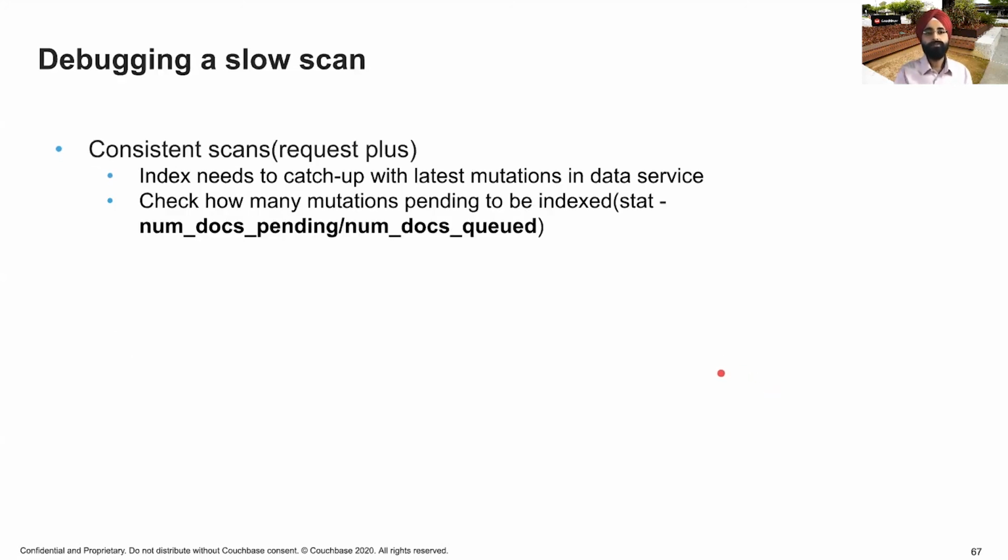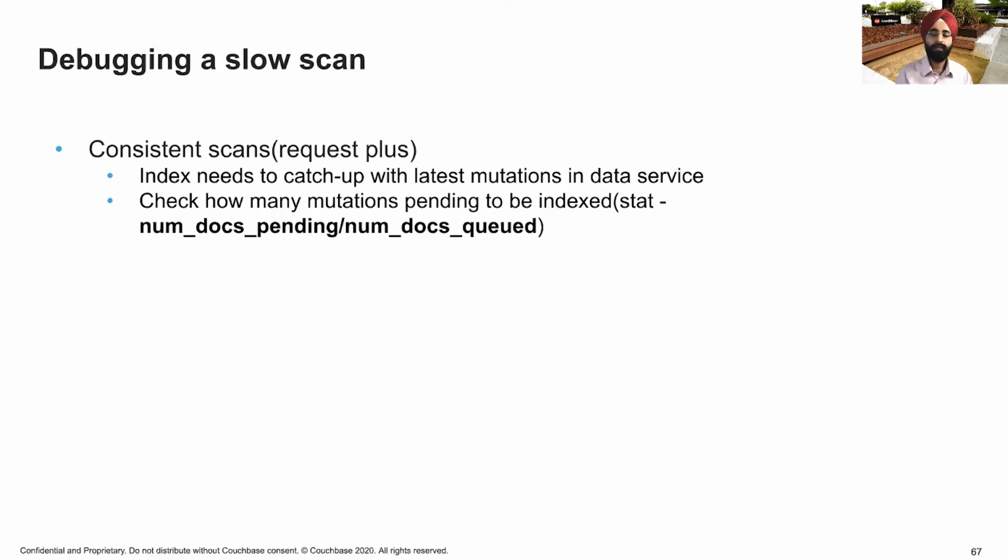Another case for a slow scan can be if consistent scans are being used, which are also called the request plus consistency mode. Now, an important thing to note is that the index needs to catch up with the absolute latest mutations in the data service before it can answer a consistent scan.